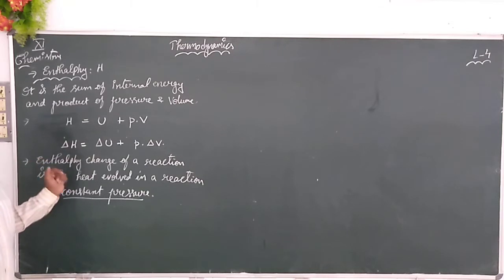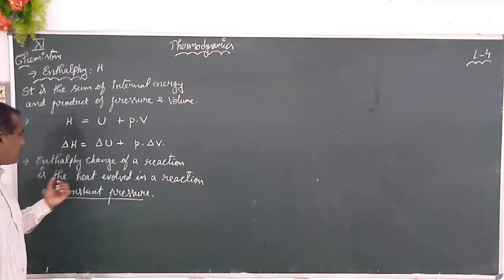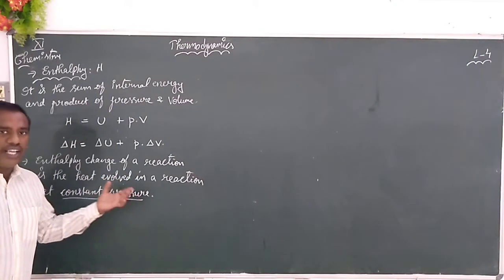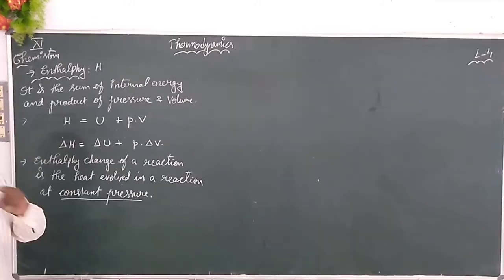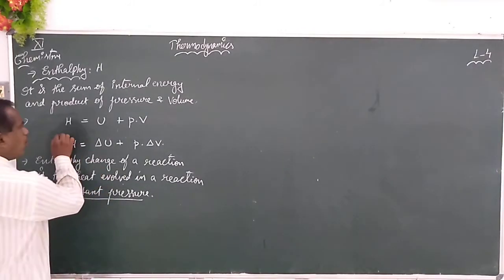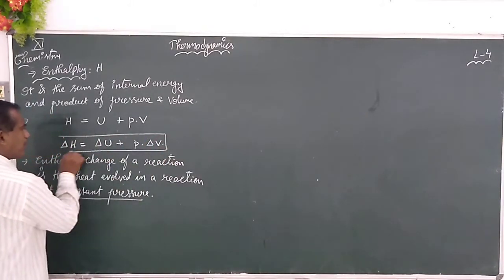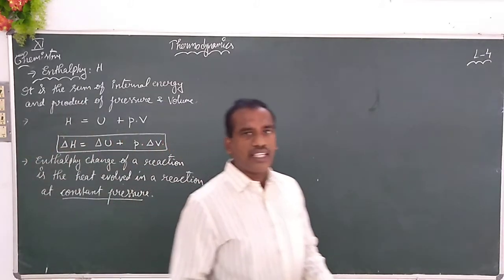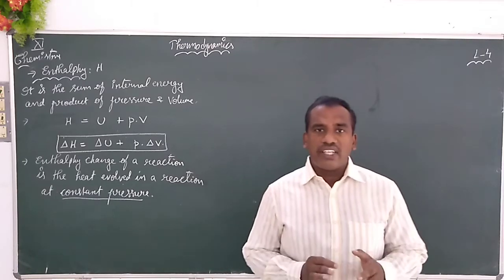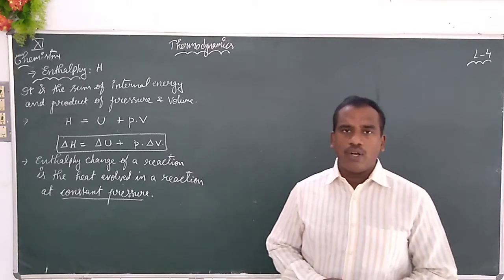So we give the change in enthalpy in the form of a definition: the enthalpy change of a reaction is the heat evolved in a reaction at constant pressure. Pressure is not changing. So we got one derivation now. The change in enthalpy is equal to the change in internal energy plus the product of pressure and change of volume.